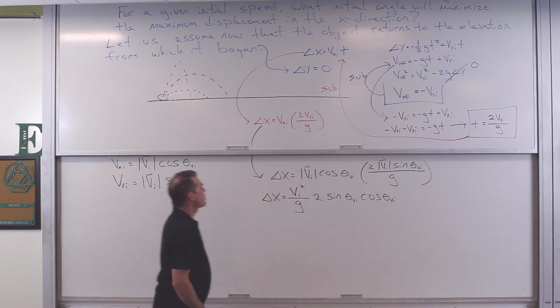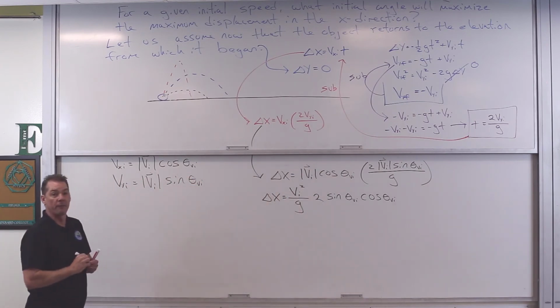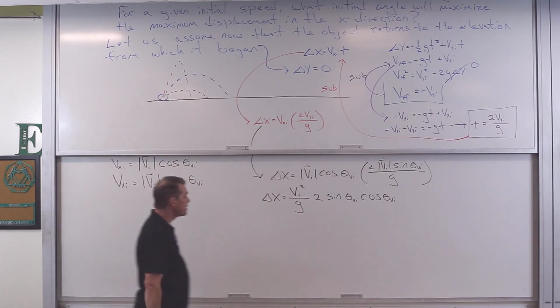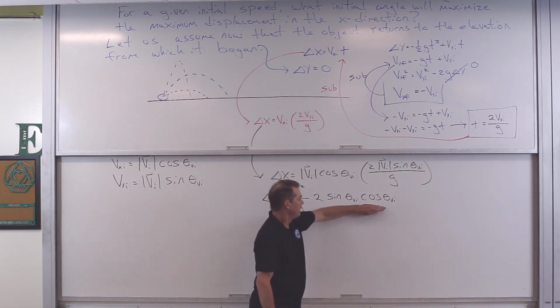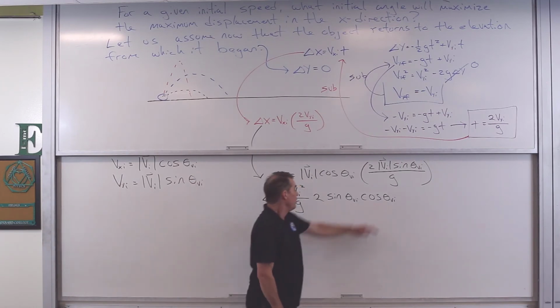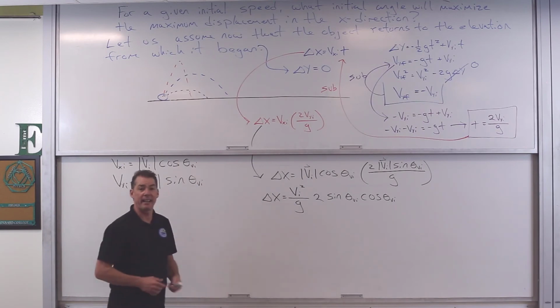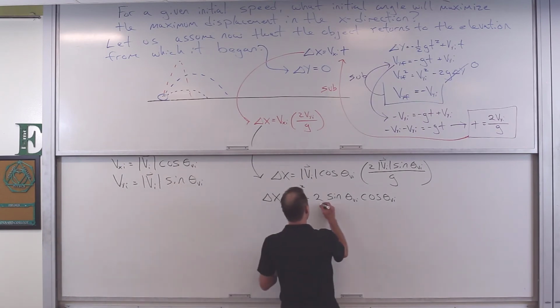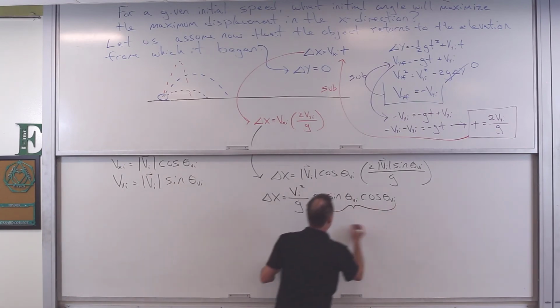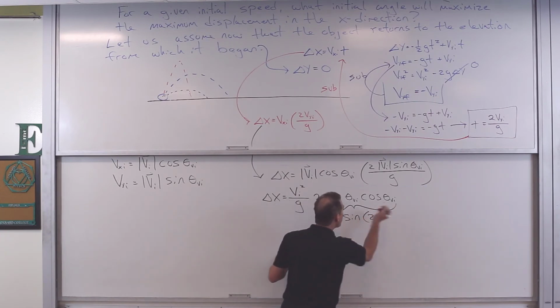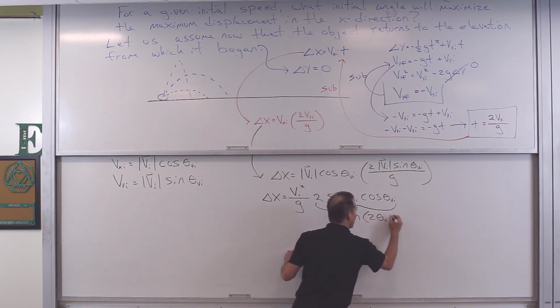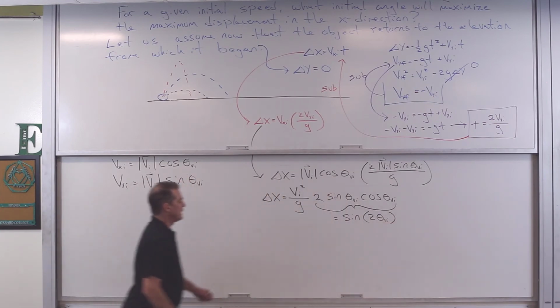I've rearranged things a little bit, but there's a reason for that. Because this here is another trig identity, right? 2 sine of theta cosine theta. What is that? This is equal to the sine of 2 theta v initial. Trig identity.